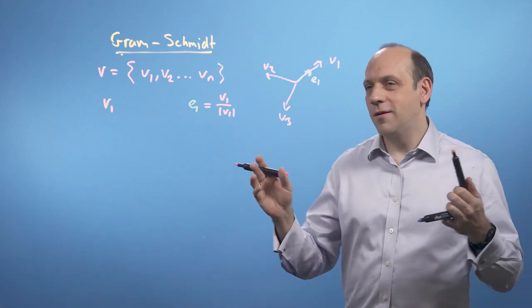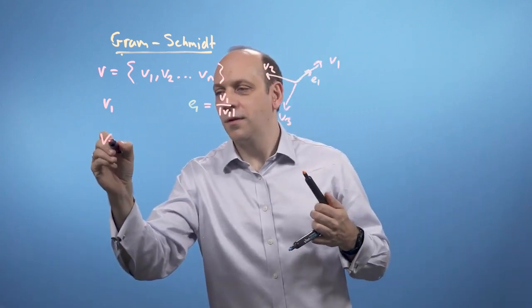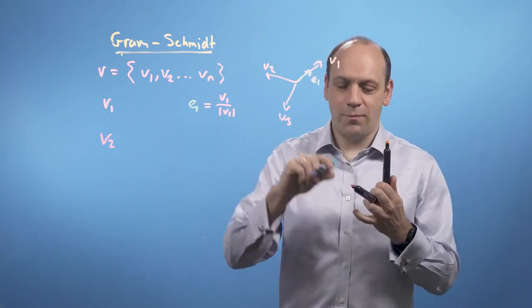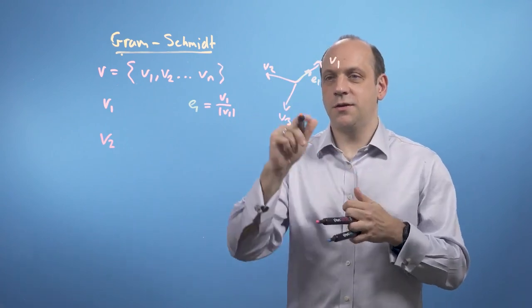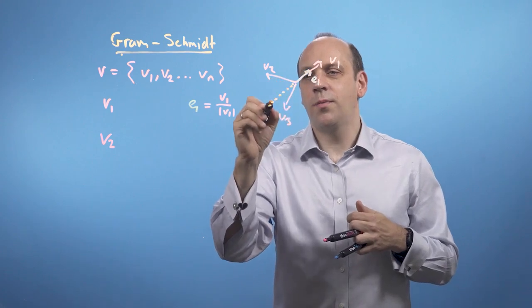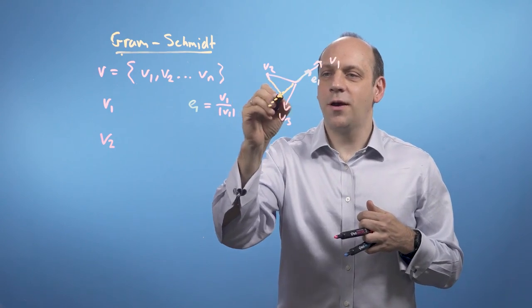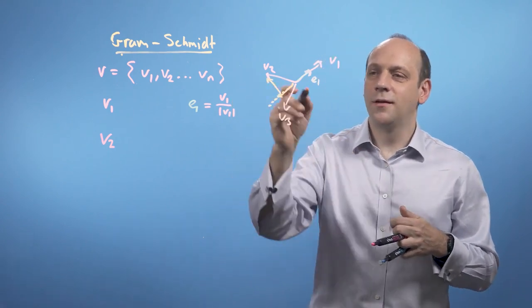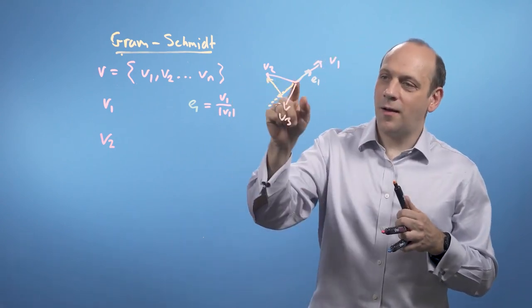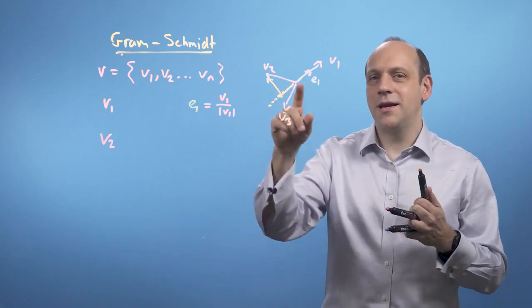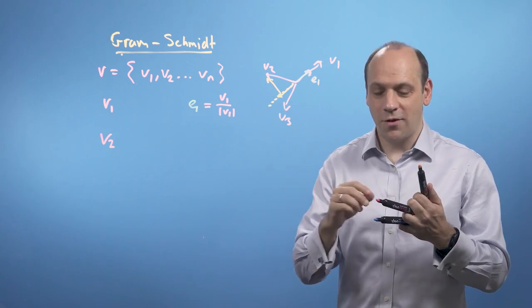And I can now think of v2 as being composed of two things. One is a component, and let's do this in orange, a component that's in the direction of E1, plus a component that's perpendicular to E1. The component in the direction of E1 I can find by taking the vector projection of v2 onto E1.